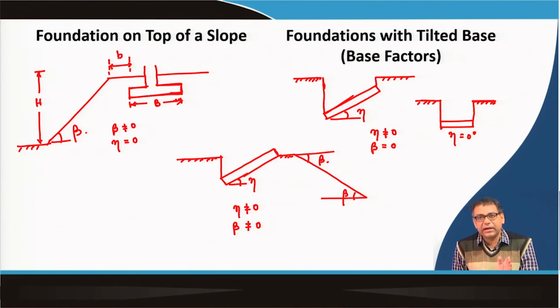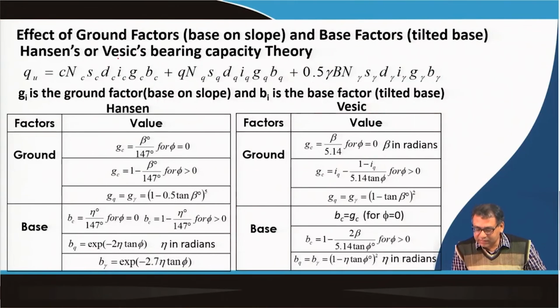That effect, the distance of the edge of the foundation from the slope edge, is not in the factors suggested by Hansen and Vesic, because whether you place the foundation at any distance, you will get more or less the same factors, since those factors are functions of either beta or eta. You can see these are all either functions of beta or eta.